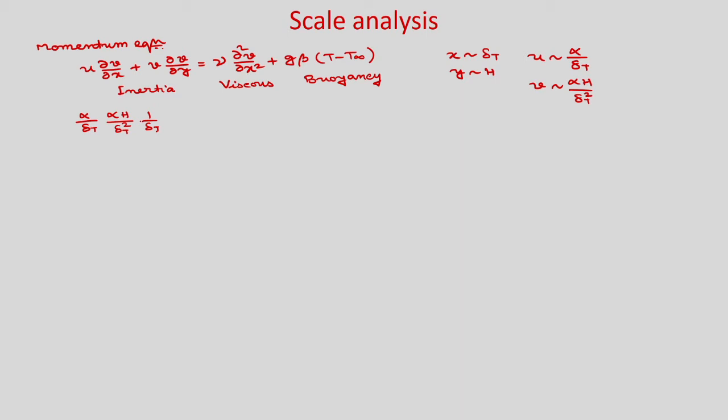Second inertia term, now v will be alpha into H by delta t square, again v, so this will be squared, and y is H, so 1 by H. So, first look at these two terms.